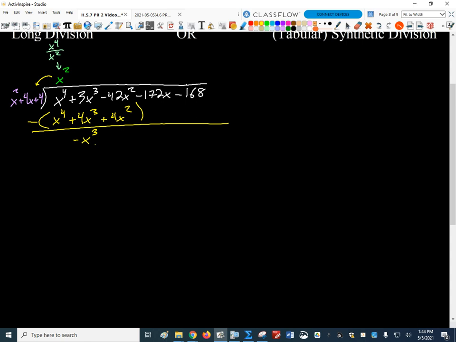It's like saying, 3 apples minus 4 apples gives me how many apples? Negative 1, right? Okay. Another one for you. What's negative 42x squared minus 4x squared? Once again, negative 42x squared minus 4x squared. There you go. Negative 46. Good. And then I'm subtracting 0 from these other ones, so I just bring them straight down, right?